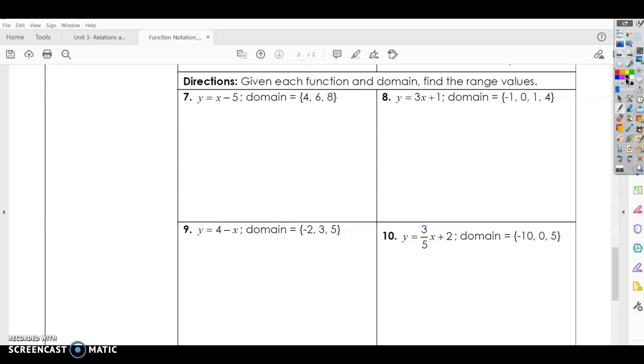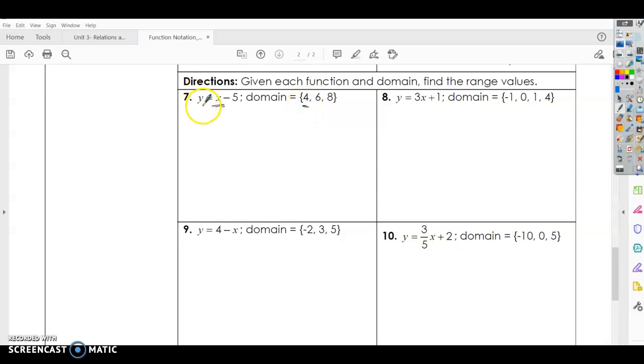All right, so on this part it says given each function and domain, find the range. So we're looking for the range. Remember, the range is the y values. So we are going to look for the range. All right, so we're going to take our domain and one at a time plug it into our function. So the first number in our domain is 4.